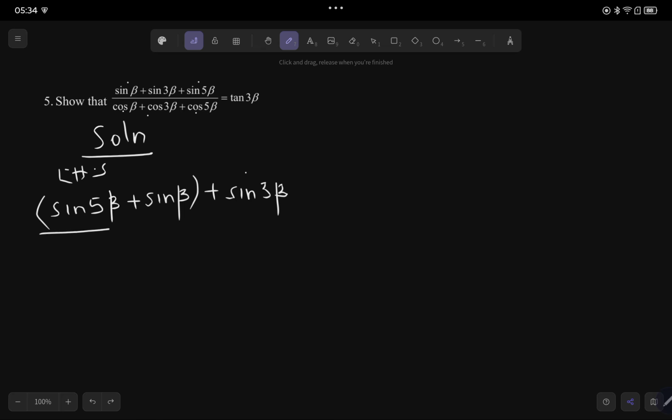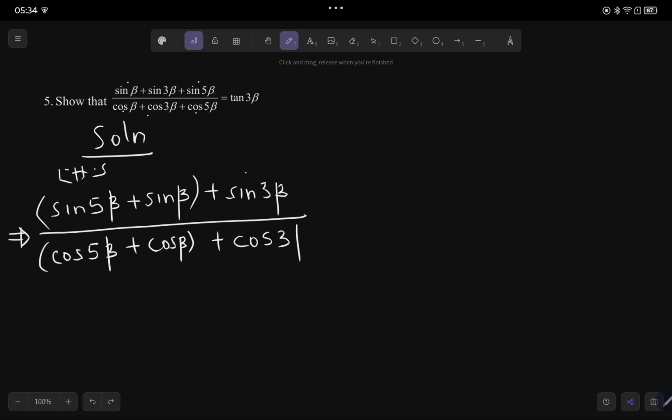I have made no change other than rearranging. Now down we shall have cos 5 beta plus cos beta, then plus cos of 3 beta.